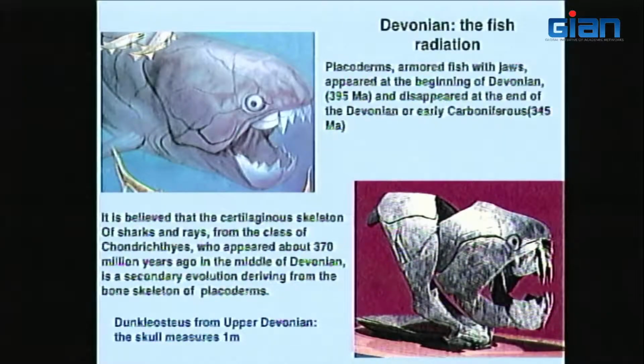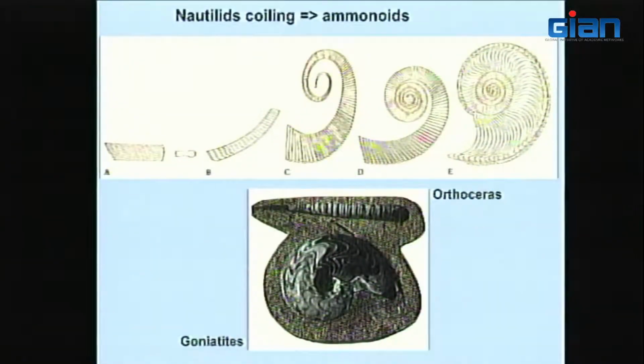And what about the ammonites? We already talked about the ammonites, and here there is maybe a better picture. So this is an illustration of the coiling of the ammonite, starting from Ordovician time.